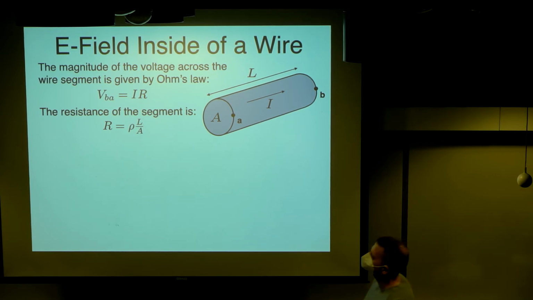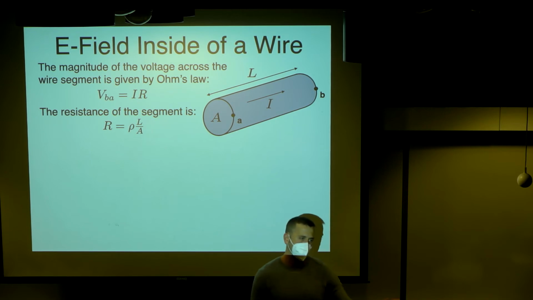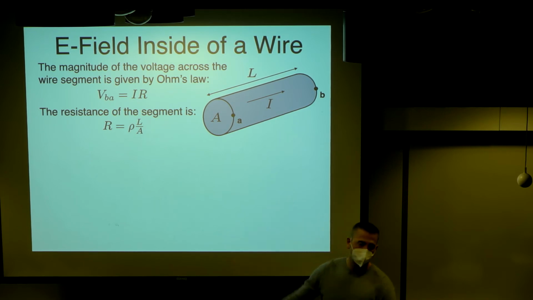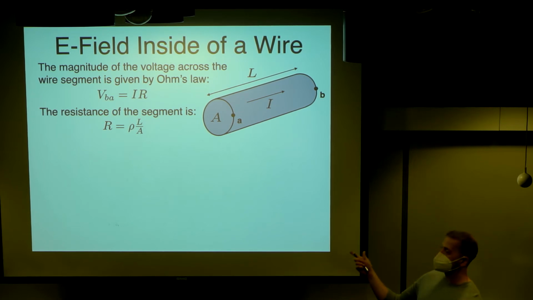We showed in the last lecture that the resistance of an object, whatever its geometry, is rho times L divided by A. Rho is the resistivity of the material. That's simply a property of whatever metal this wire is made out of. If it's copper, if it's platinum, it's going to have a unique value of rho, just dependent on the material. L is, of course, the length, A is the area, as we just said.